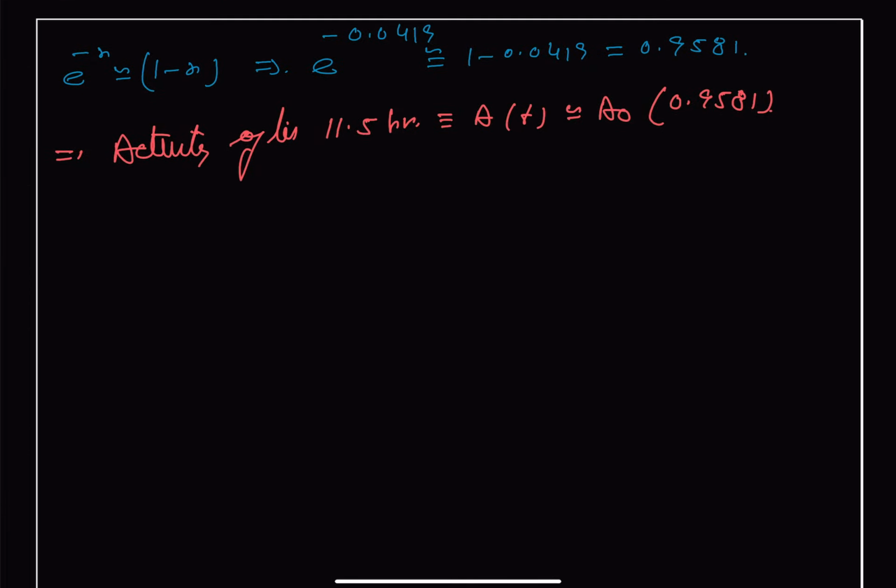So we get A of t is equal to 2.4 into 10 to the power 5 multiplied by 0.9581. So the activity after time t is approximately 2.3 into 10 to the power 5 Bq.